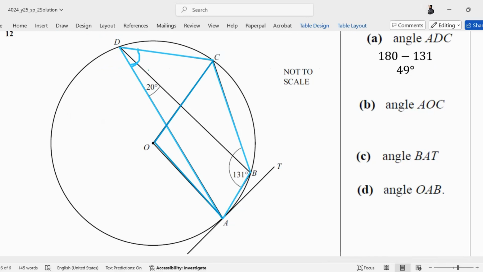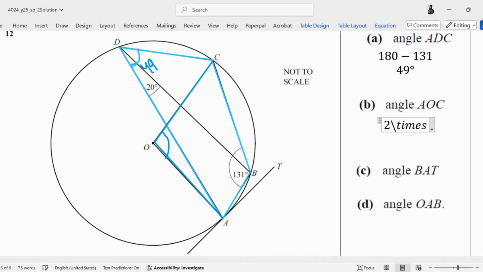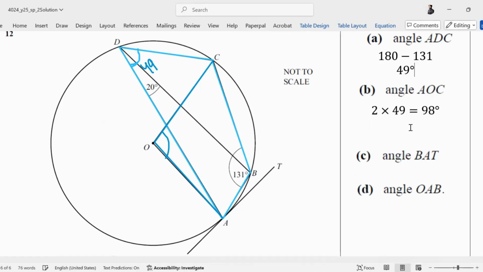So at the circumference, they were making 49. So the same chord will make double that angle at the center, which is 2 times 49, and I should end up at 98 degrees.